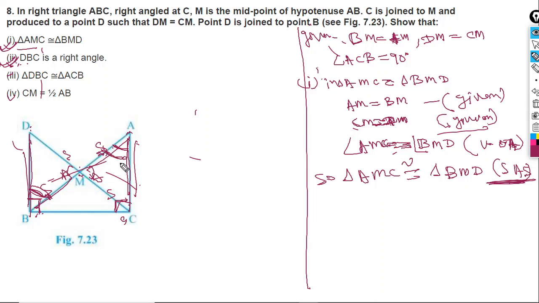Are they equal? Yes, because triangle AMC is congruent to triangle BMD, so angle CAM is equal to angle DBM, by CPCT, corresponding parts of congruent triangles, isn't it? So we'll do it in that way. First, let's clear the figure.